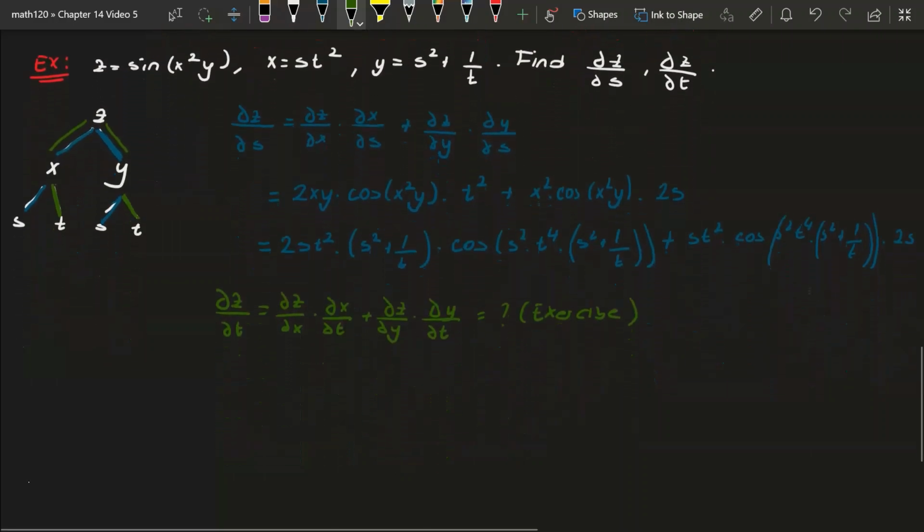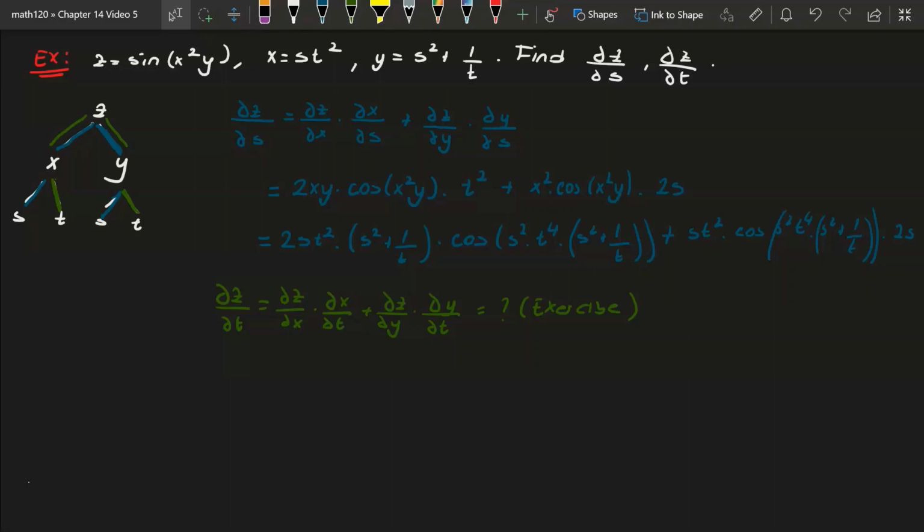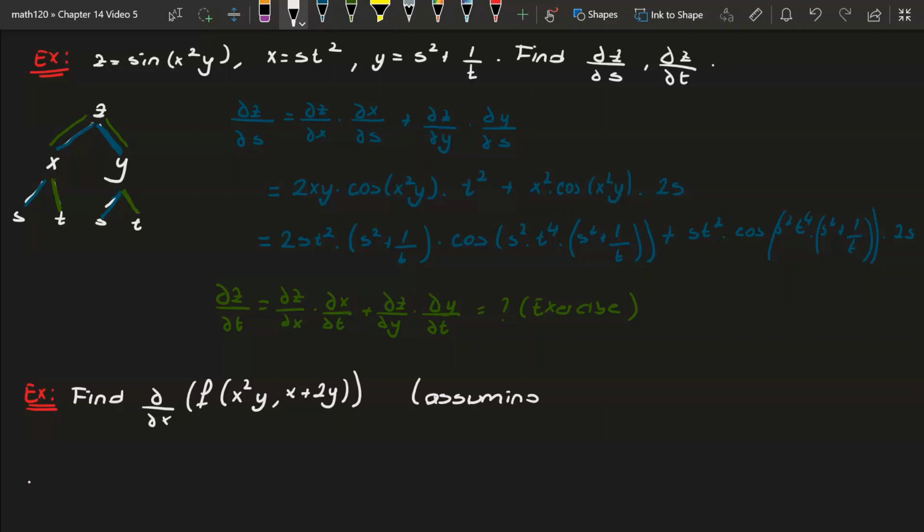Okay, another example. Find del over del x of f of (x squared y, x plus 2y) in terms of partial derivatives of f with respect to x and y, assuming that these partial derivatives are continuous.